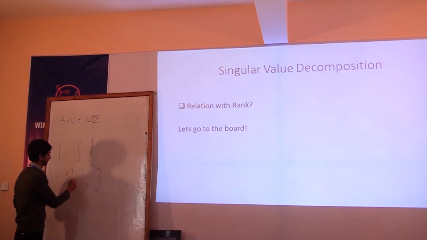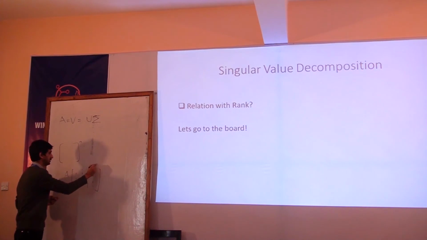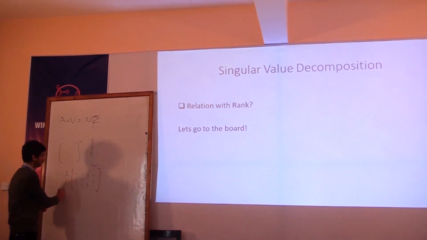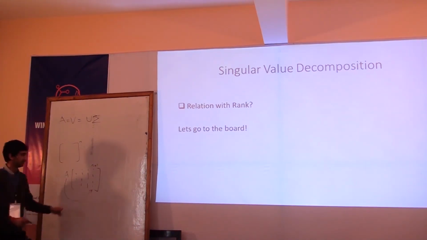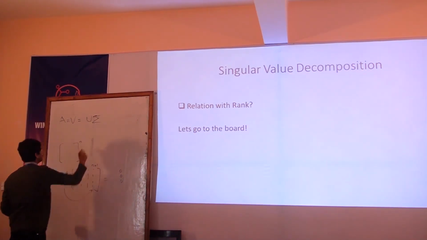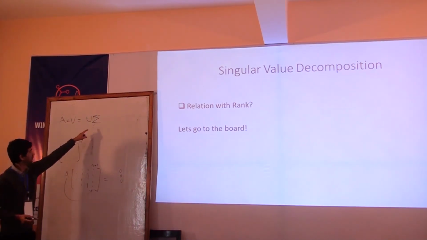Let's say A has more columns than n, say n plus 1. When you project this vector, this becomes 0, because the equivalent scaling for this will be 0 here.